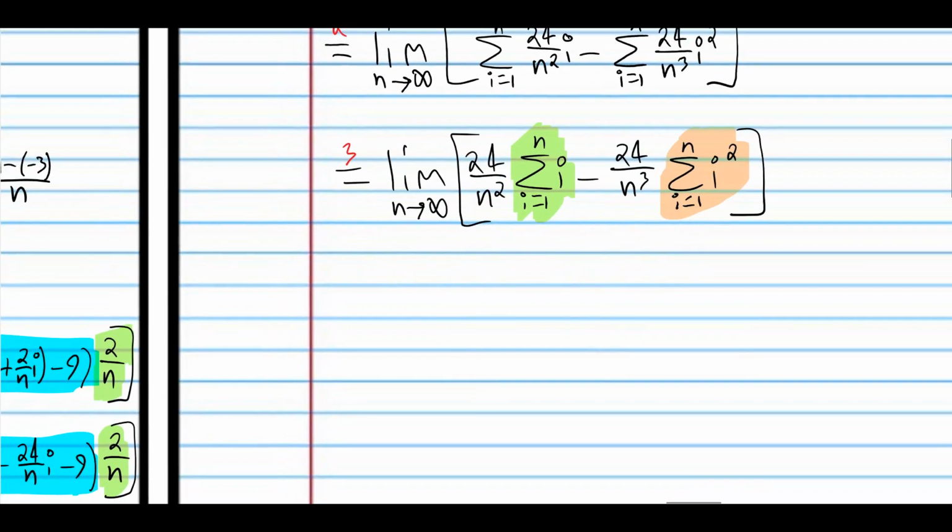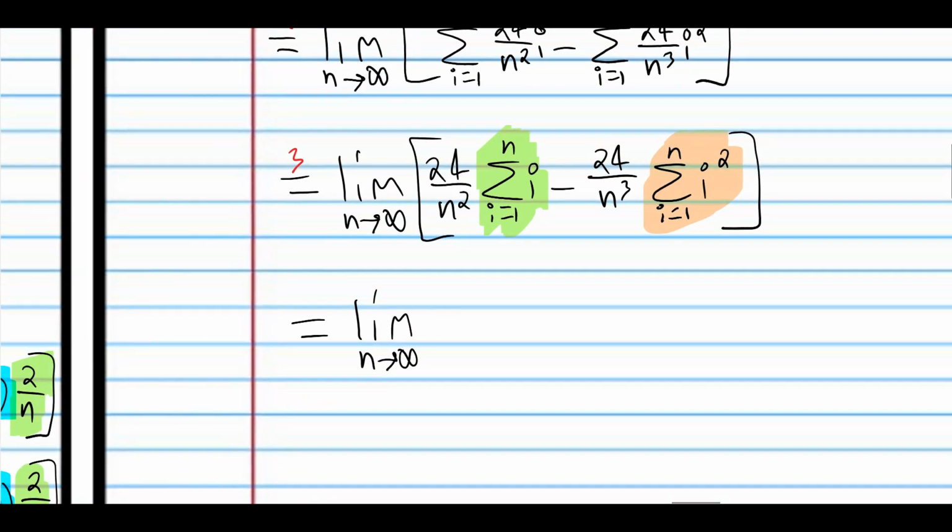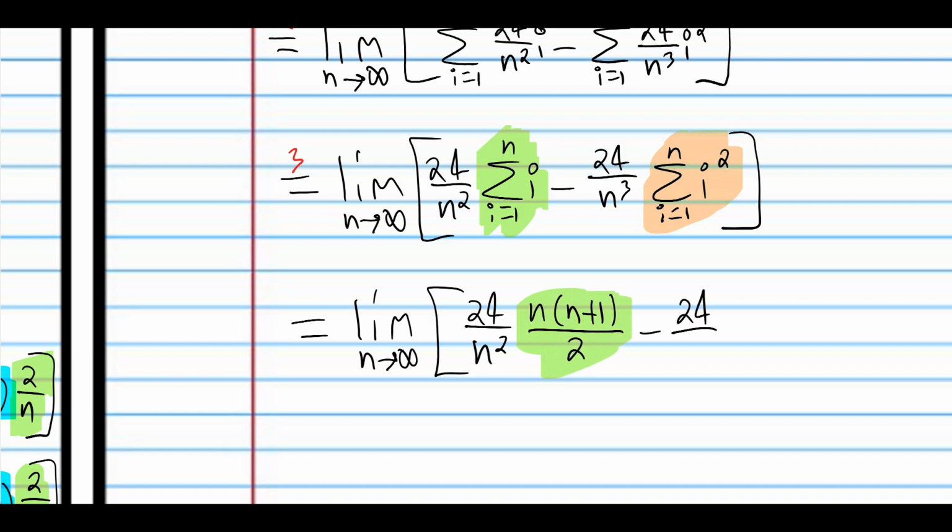So we're going to replace the expressions with expressions in terms of n only. So that's n times n plus 1 over 2. And this is n times n plus 1 times 2n plus 1 over 6. We've seen that many times before.